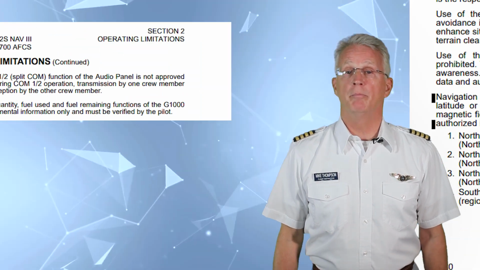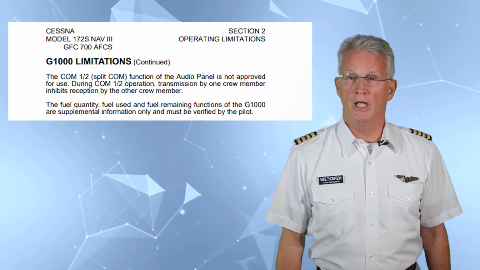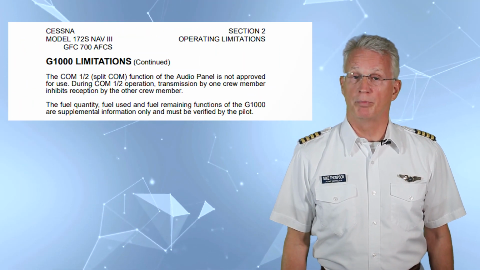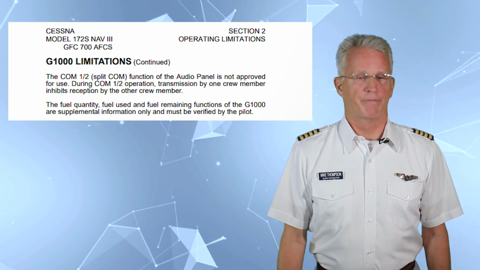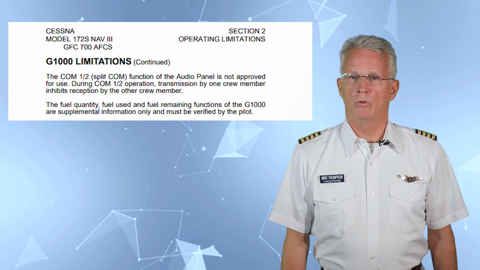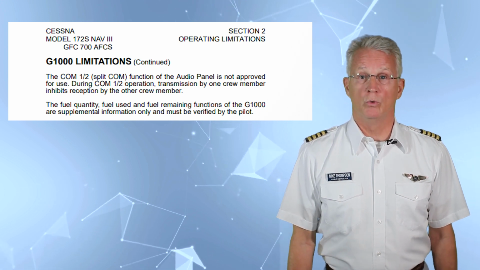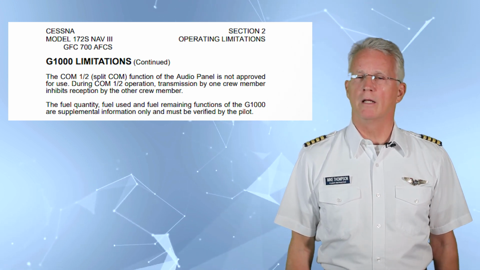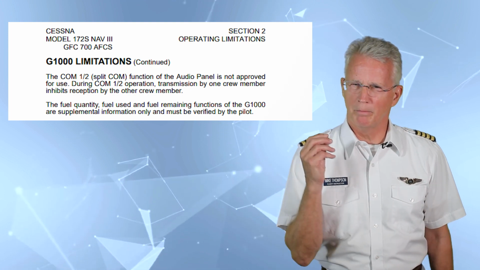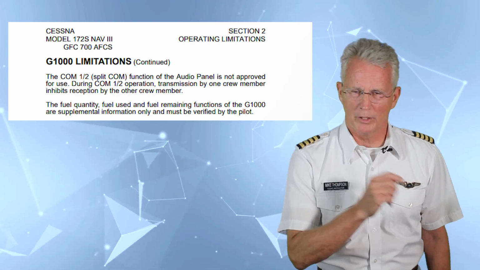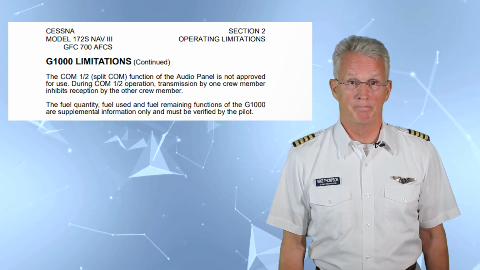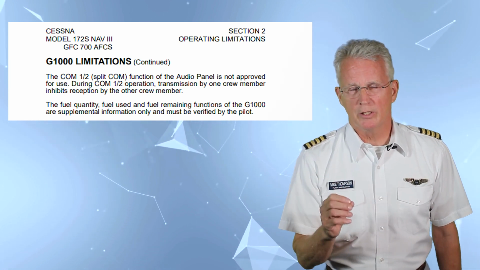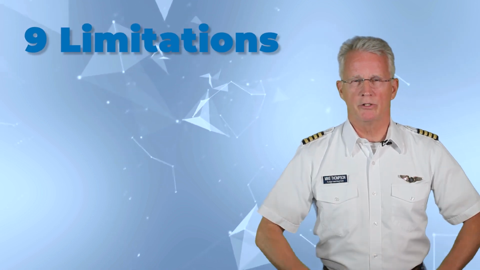Also notice that on page 21, limitations on the split COM or split communications function. Finally, notice that fuel quantity, fuel use, and fuel remaining are considered supplemental information only and must be verified by the pilot. Also listed here are 9 limitations.